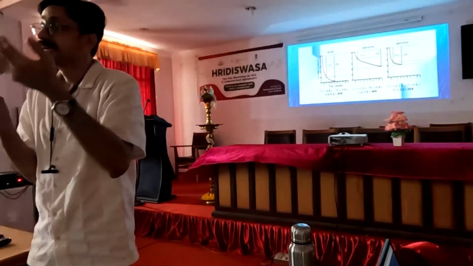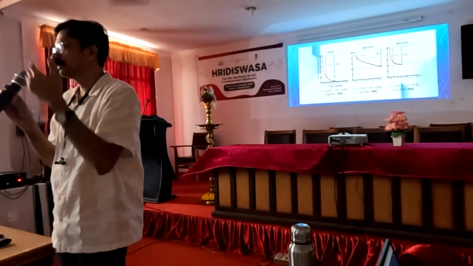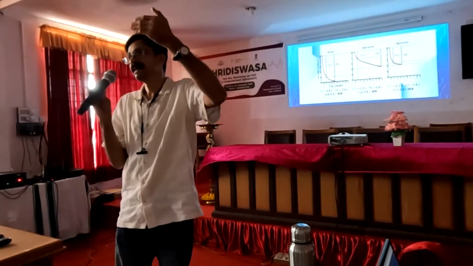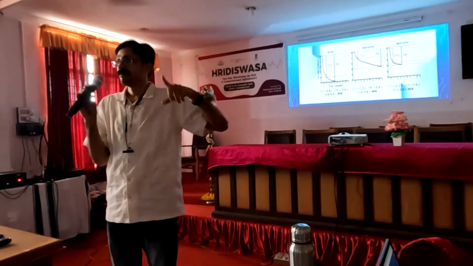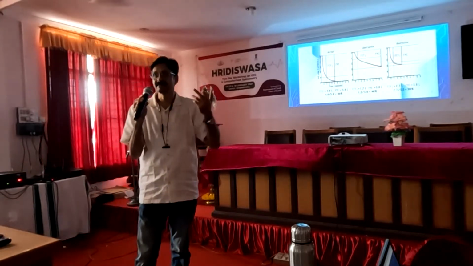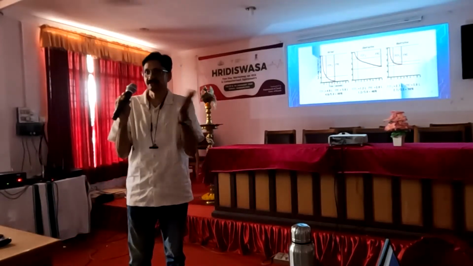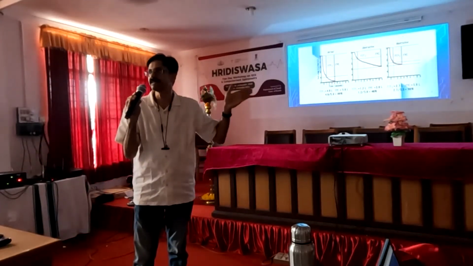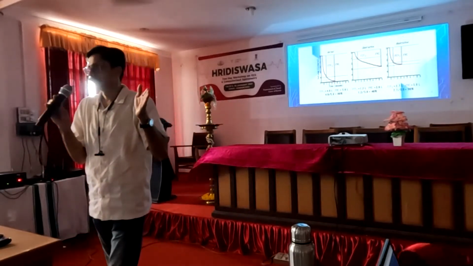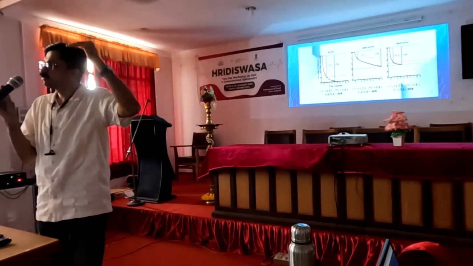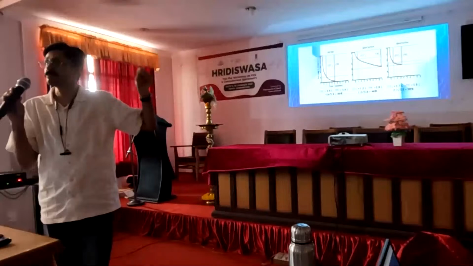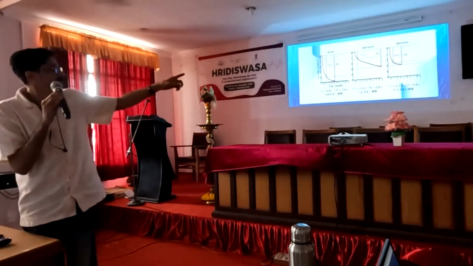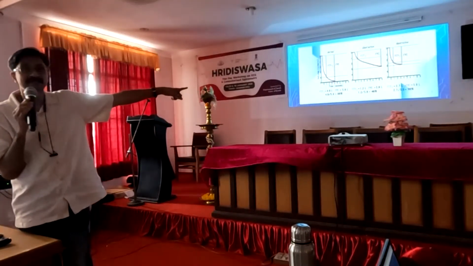Here, inspiration is affected, so the forced vital capacity is reducing, but the forced expiratory volume is comparable, similar to the forced vital capacity. 3 liter is the forced vital capacity, but the forced expiratory volume is only 2.7 liter.